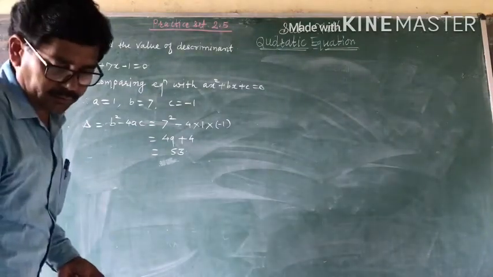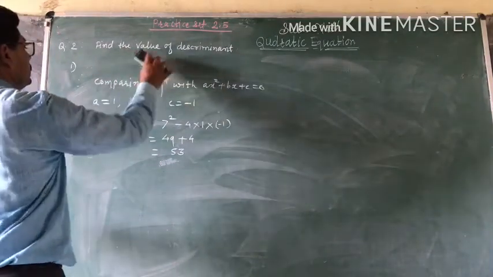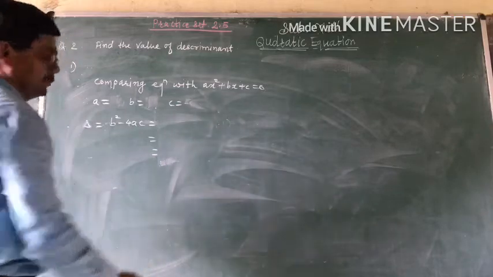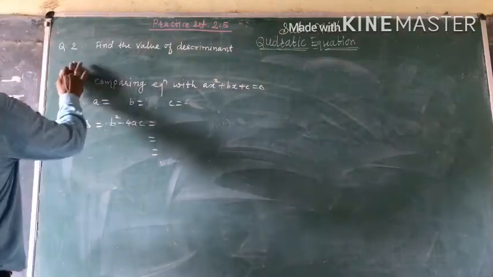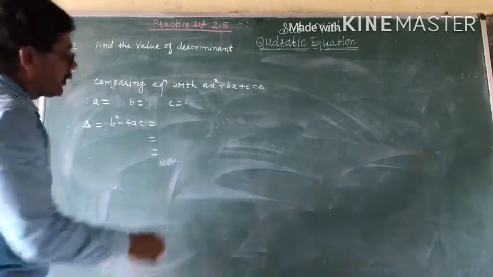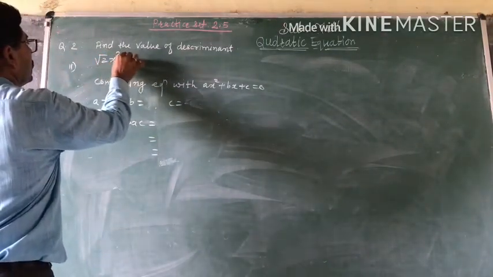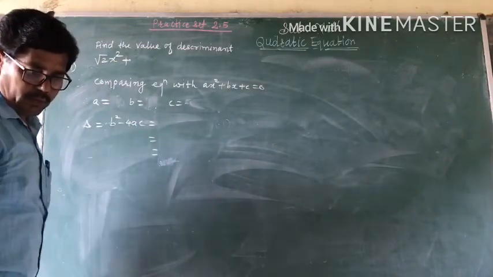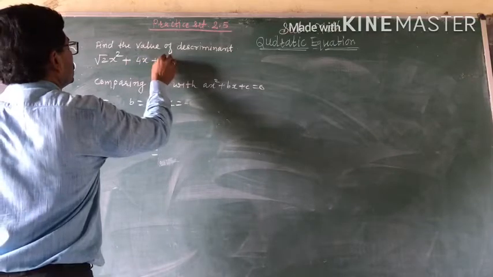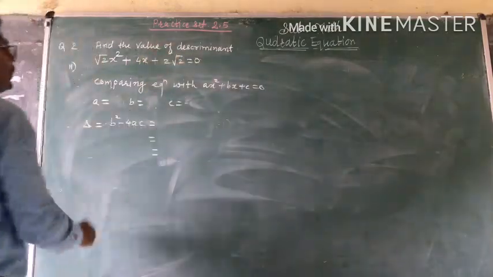Next example: root 2 x square plus 4x plus 2 root 2 is equal to 0.